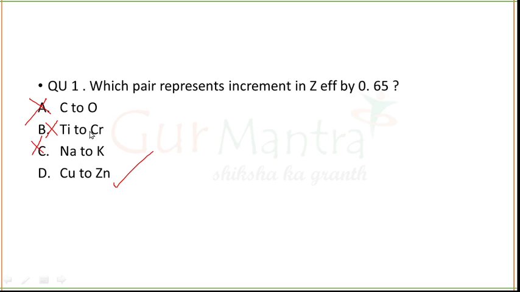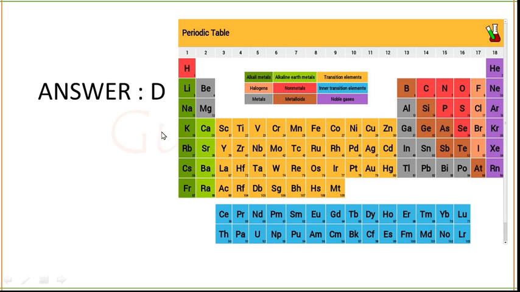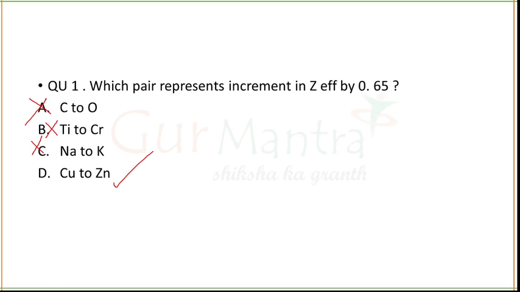So this option is also wrong. Next option is from sodium to potassium. Sodium and potassium both lie in group number 1. So this option is also wrong, because we always talk about Z effective increasing along the period, not in the group.